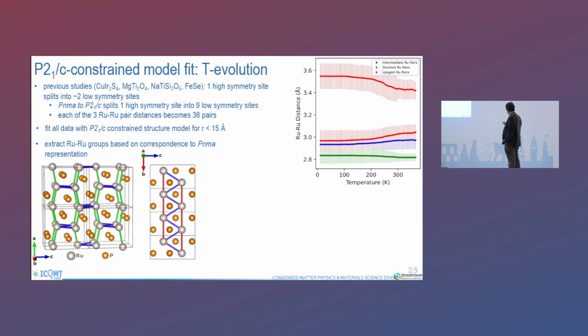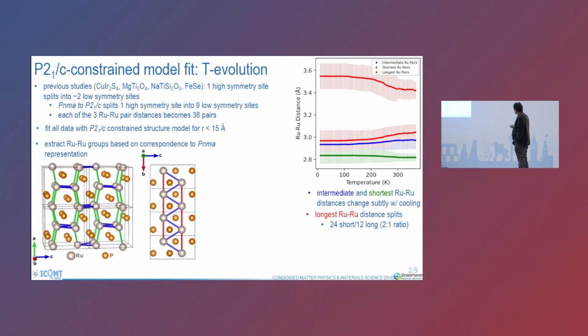It's a splitting where you have two times more short bonds than long bonds, and that very much deviates from the orthorhombic Pnma structure, whose bond length is supposed to be single valued, as shown by this dashed line.